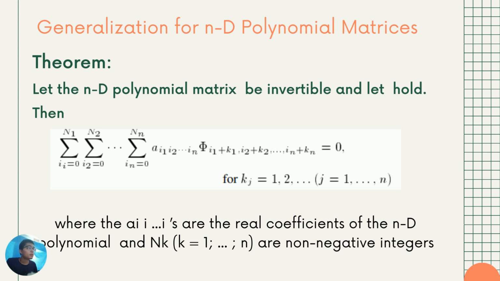Whatever you are able to see here is the formula, the generalization of ND polynomial matrix on the basis of Cayley Hamilton theorem. Let's see the notations, where the AI are the real coefficients of the ND polynomial and Nk, where k is equal to 1 so on to n, are non-negative integers.